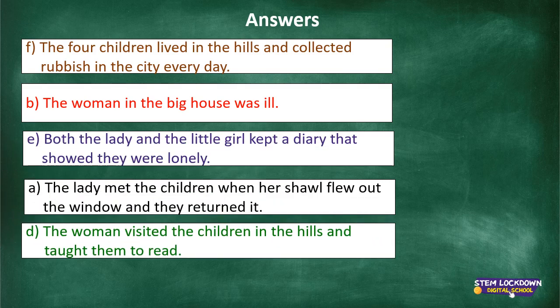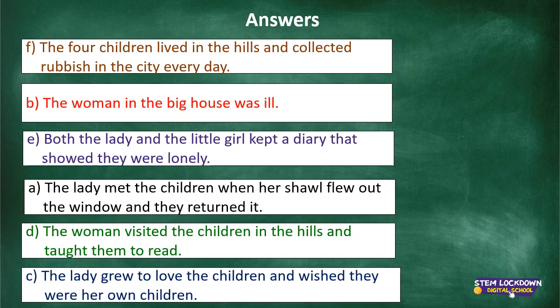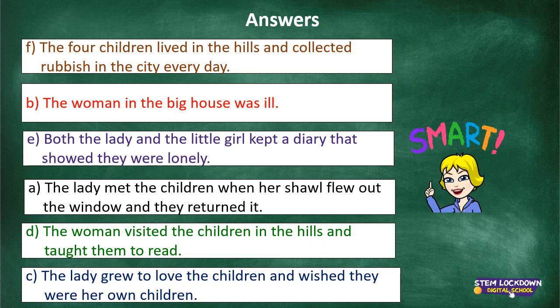Number D, the woman visited the children in the hills and taught them to read. And number C, the lady grew to love the children and wished they were her own children. So how did you do? Did you get a similar arrangement? F, B, E, A, D, C. Great.